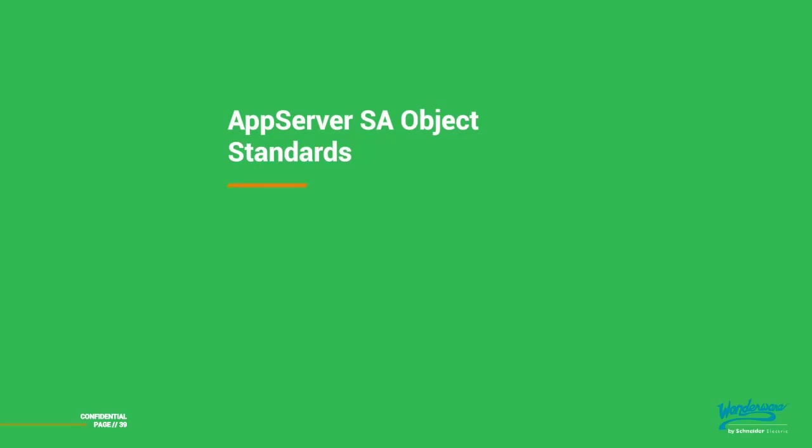So the app server and SA object standards is the last thing I want to talk about. So that's apps. Apps is really key to Touch OMI. The other part that's really key is that, as you can see, in different aspects, System Platform is changing. We're not forcing you to change. You can stay where you are today. But you can take these new technologies and say, yes, I do want to refactor my ViewApp to take advantage of the new View technology.